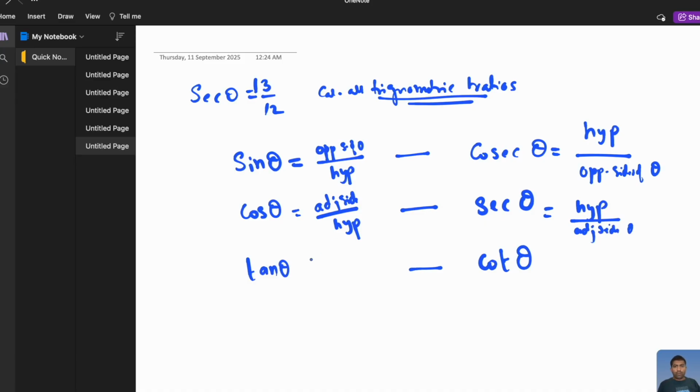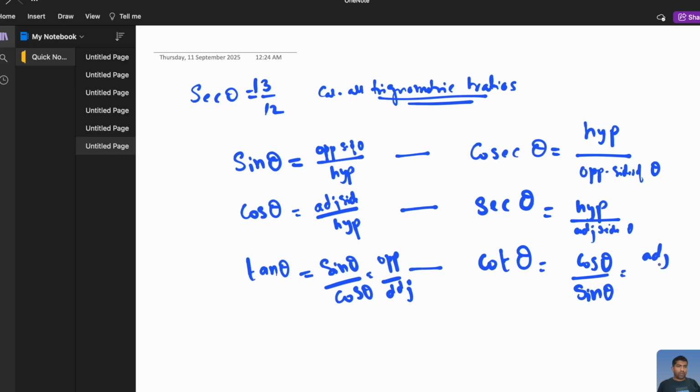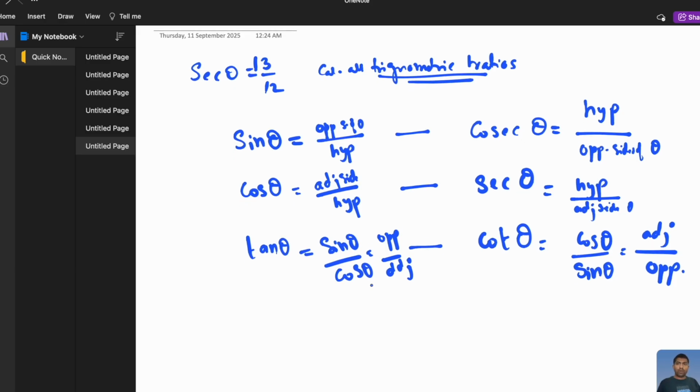Similarly, tan theta is nothing but sine theta divided by cos theta, that is opposite by adjacent. Cot theta is nothing but the reciprocal of tan theta, that is cos theta by sine theta, which you can write as the adjacent side of theta divided by the opposite side of angle theta. So these are the trigonometric ratios.